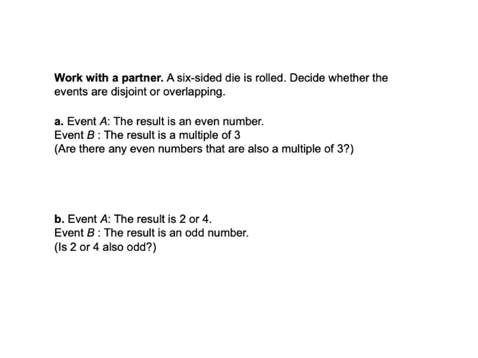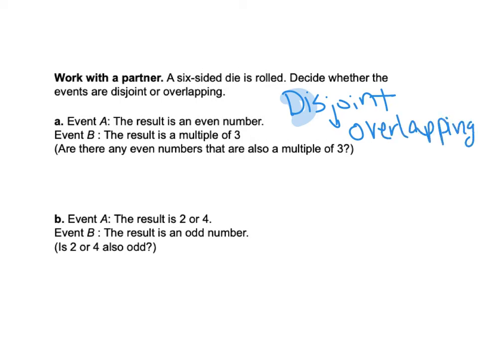All right, so first thing we want to think about is whether something is disjoint, meaning they have nothing in common, or overlapping, which means they do have something in common. The first event that we're looking at is that you roll a die and you get an even number. The second one is when you roll that die, you get a multiple of 3.